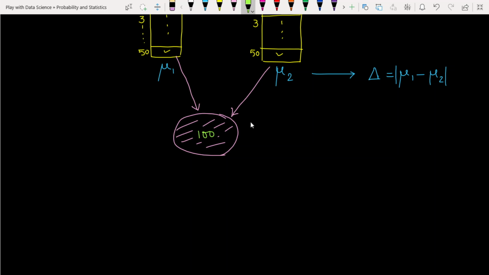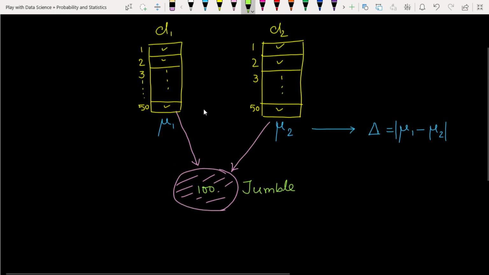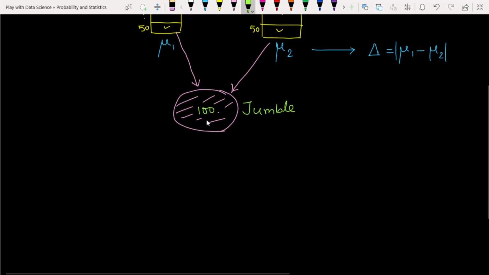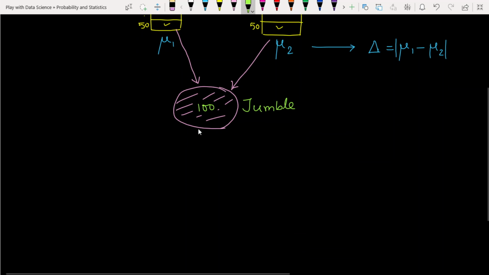After mixing, we have jumbled this set. This is another sample that we have made from the previous two samples. After jumbling, we will create random samples from the big sample.